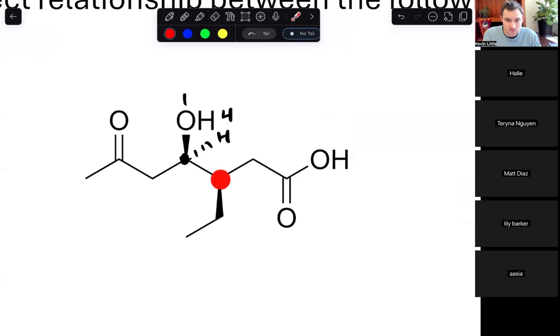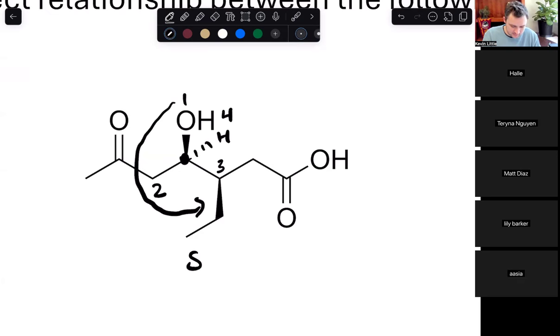This carbon is connected to two other carbons, whereas this carbon is only connected to one other carbon. So this carbon gets 3 and this carbon gets 2. Luckily, hydrogen is already on a dash, so I can go 1 to 2 to 3, and that gives me my S. So I know that this is an S stereocenter.